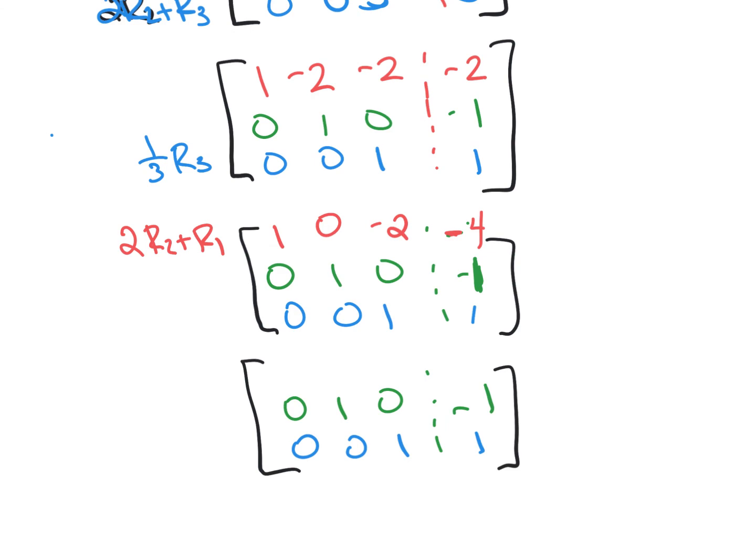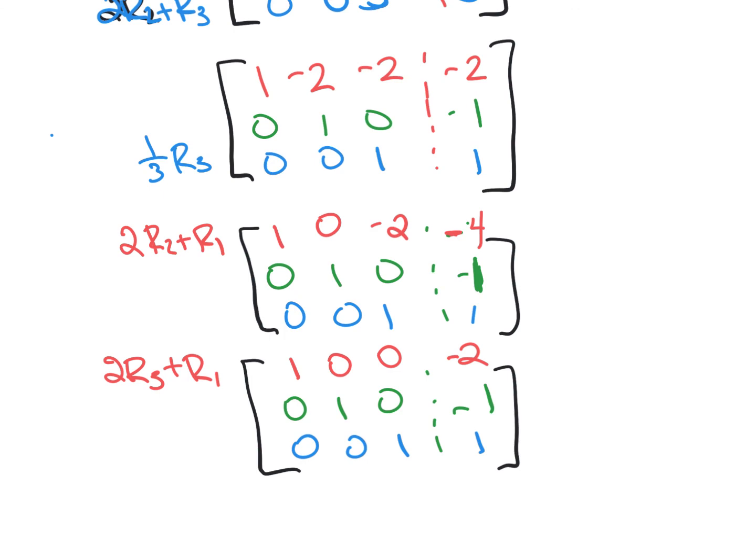Top row, though, I'm going to have to multiply 2R3 plus R1, because remember, I'm trying to get 0, so I need to multiply and add things. So 2 times 0 plus 1, 1. 2 times 0 plus 0, 0. 2 times 1 is 2 plus a negative 2 is 0. 2 times positive 1 is 2 plus a negative 4, negative 2.